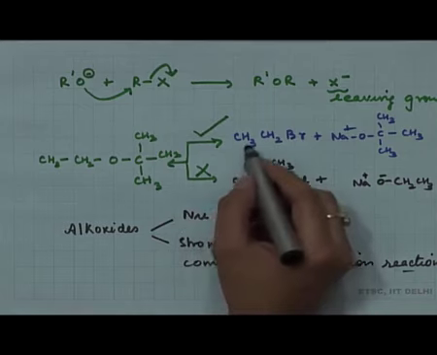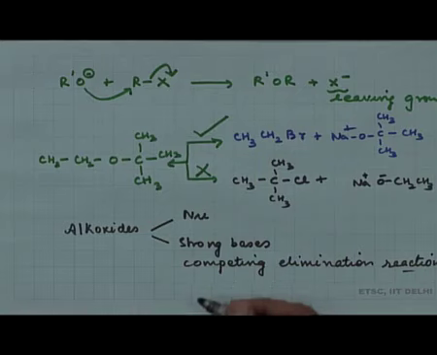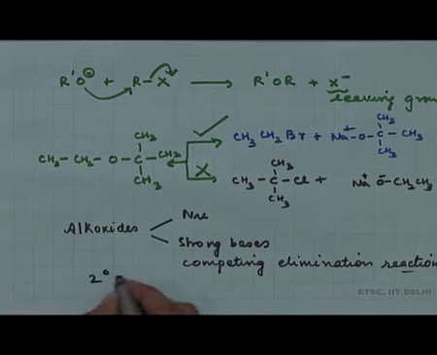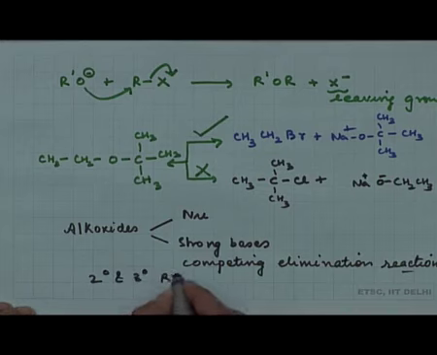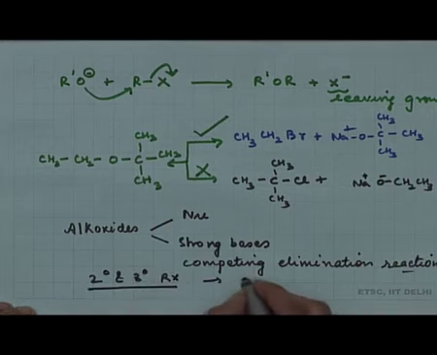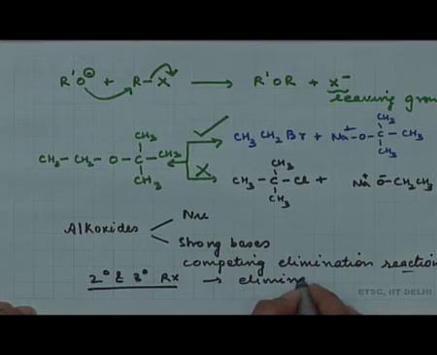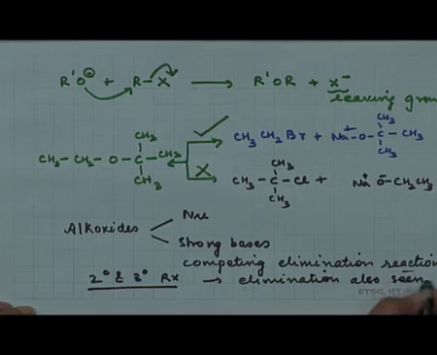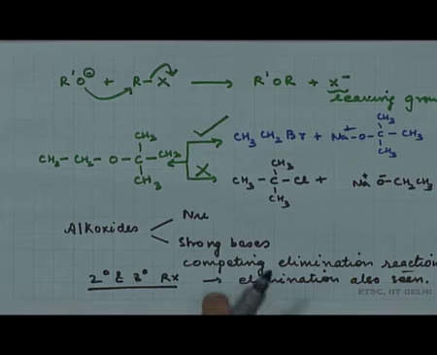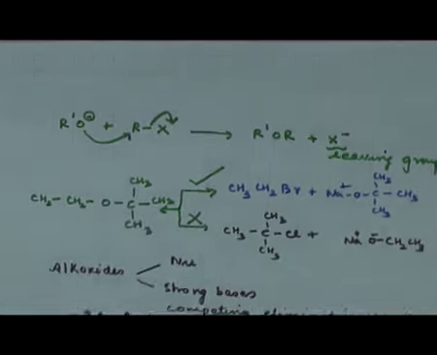If it is a 1 degree alkyl halide, elimination is very minimal or it is not there, but if you have 2 degree and 3 degree alkyl halides, in this case the elimination product will also be seen along with the substitution product, which is the ether. Okay. So, that is why preferably in Williamson synthesis, when we are doing an SN2 substitution, it is the 1 degree alkyl halides with which the procedure is most successful.